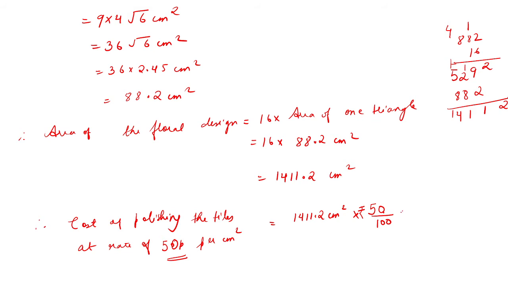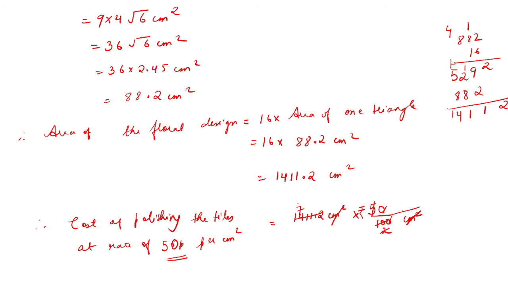So this will become per centimeter square. So centimeter square will cancel, 5 ones are 5, 5 twos are this, and then you can do this, 2 sevens are 14, 2 fives are, okay, sorry, just give me a second. 2 sevens are 14, right?